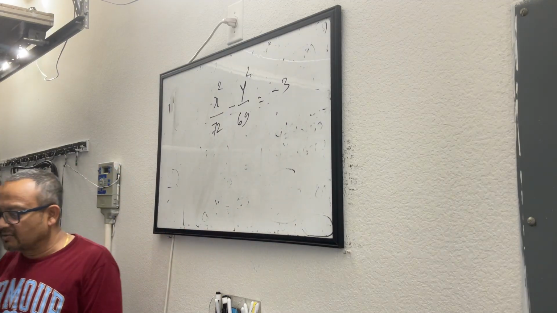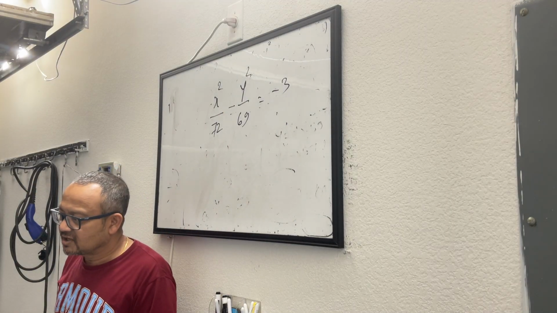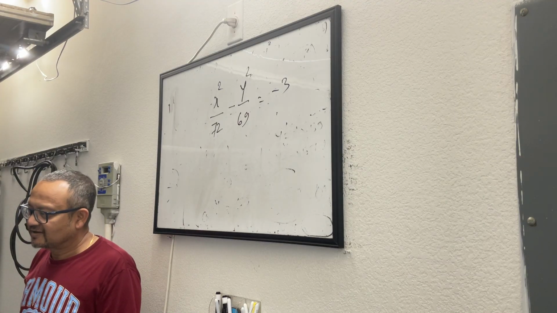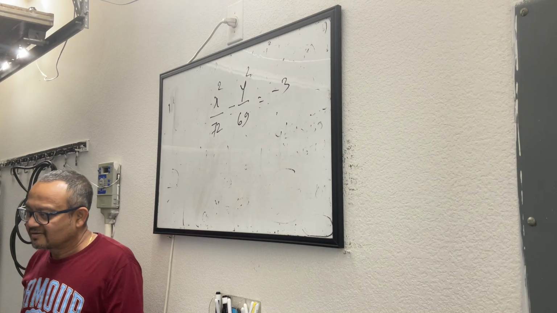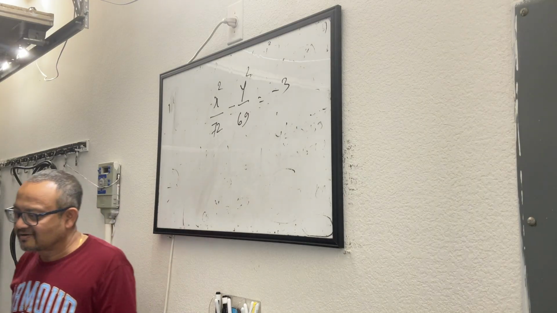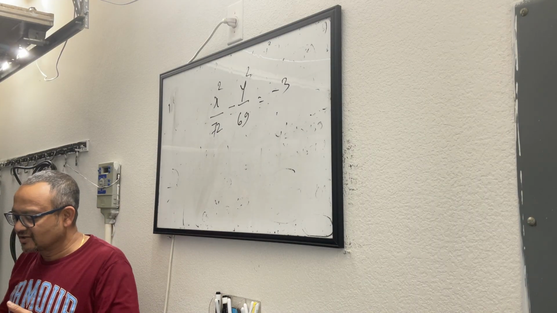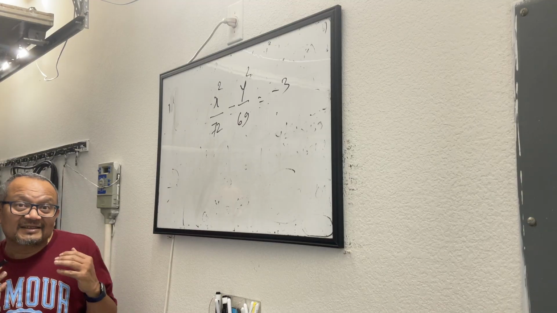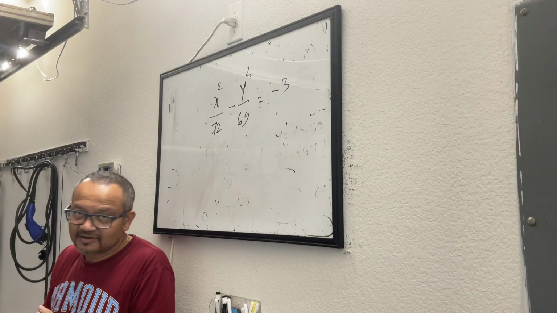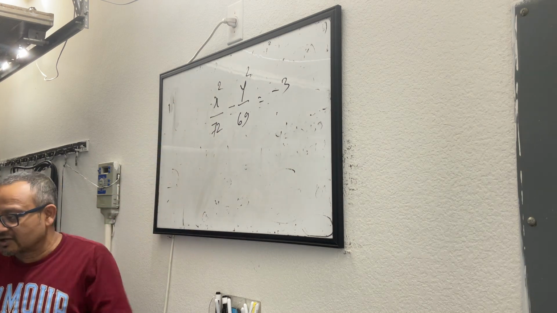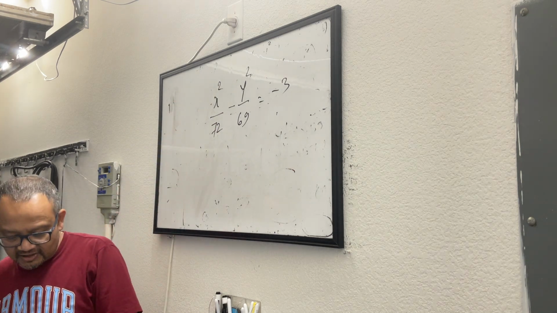Now tell me, what hyperbola are we talking about? Is it horizontally aligned or vertically aligned? What do you think, Arush? Sorry if I'm putting you guys on the spot. I'm just trying to get a sense of how you are thinking about it. X squared by 72 minus y squared by 69 equal to minus 3.